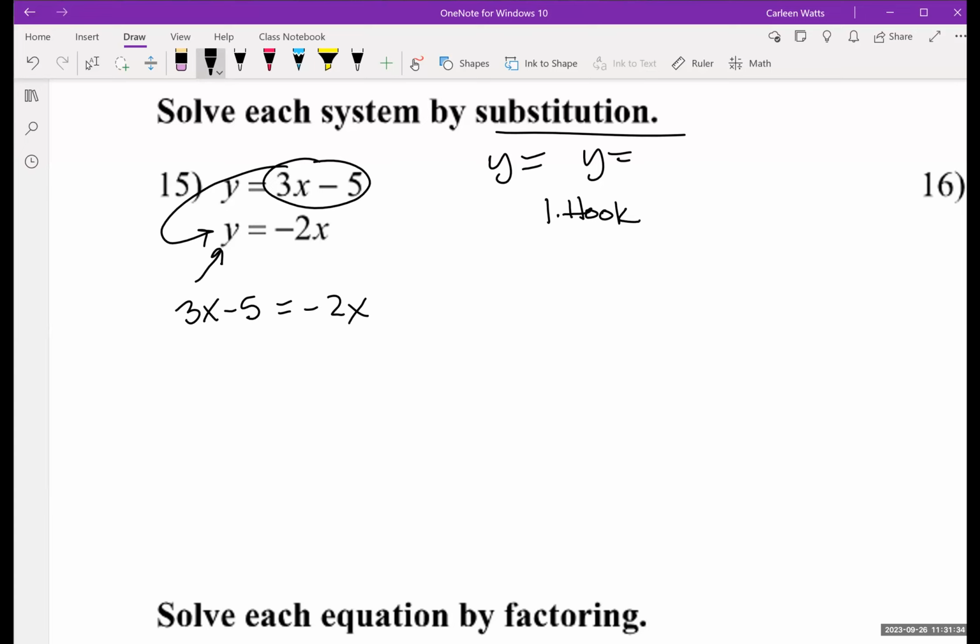Okay, hook them together, solve. I'm going to add 2x to both sides. 5x minus 5. Uh-oh. Everything's gone on the other side. Is equal to 0.